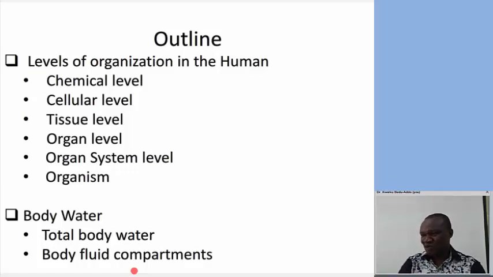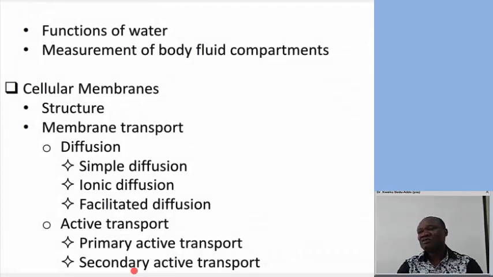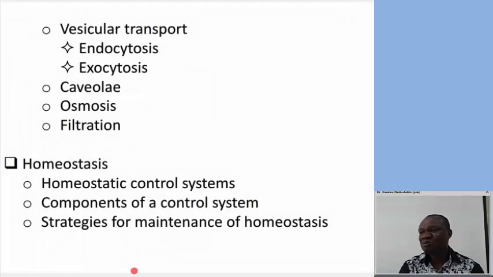We'll look at the total body water, the body fluid compartments, functions of water, and the measurement of body fluid compartments. We'll look at the cellular membranes, the structure of cellular membranes, and the membrane transport. In membrane transport, we'll be looking at diffusion, active transport, vesicular transport, caveolae, osmosis, and filtration.